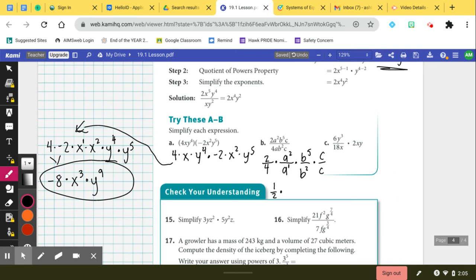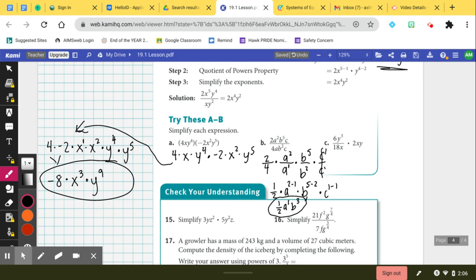So this really is a 1, so this would be a to the 2 minus 1, and then times b to the 5 minus 2, times c, 1 minus 1. So that simplifies to 1/2 a to the first power, or just a, b to the third power, and then 1 minus 1 is 0, and so those actually get canceled out. So this would be my final answer for B.